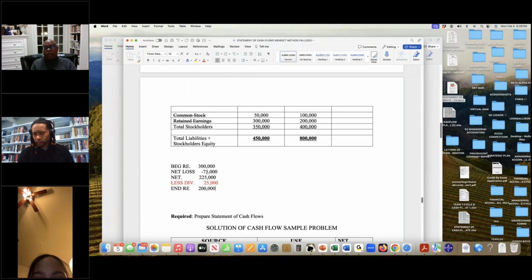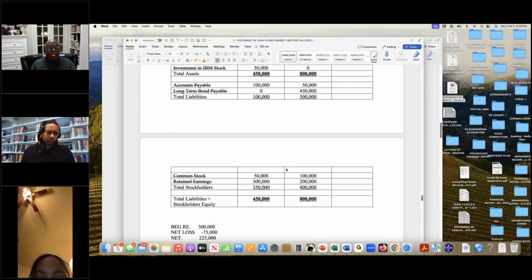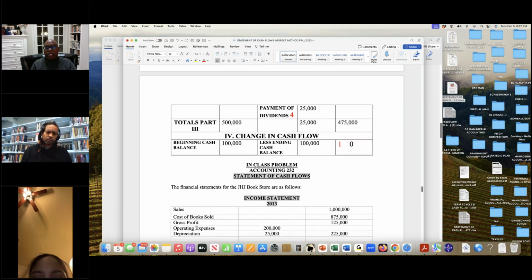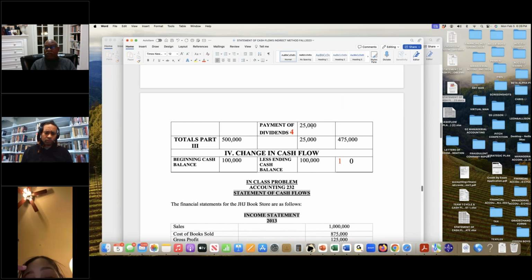So this is a statement of retained earnings. Beginning retained earnings. If it were net income, we'd have added. It's a loss, we subtracted, so we had 225. We have to get down to 200. So the dividend was 25,000. That is the fourth thing that you put in as a use. It's always a use.